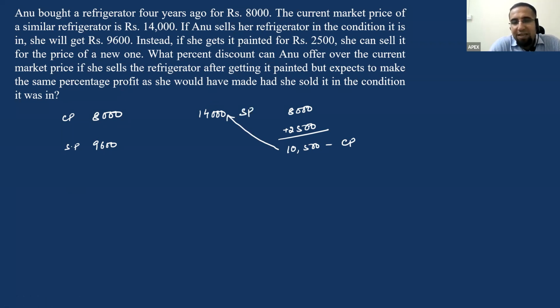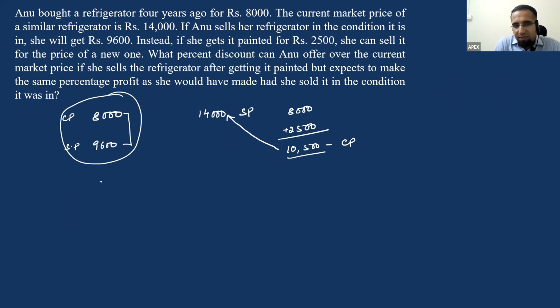What percentage discount can Anu offer over the current market price, if she sells the refrigerator after getting it painted, but expects to make the same percentage profit as she would have made had she sold it in the condition it was in? That means I want to know the percentage profit here.